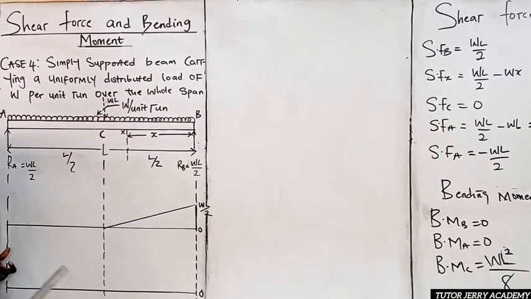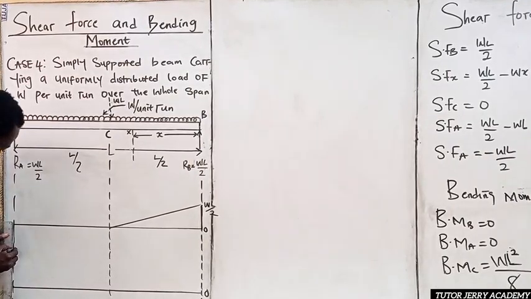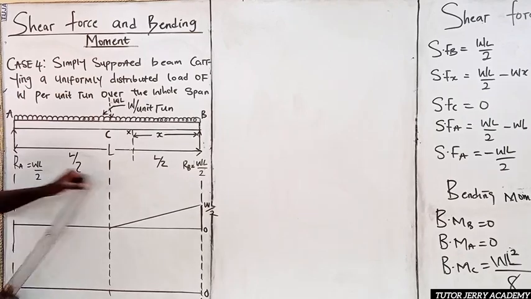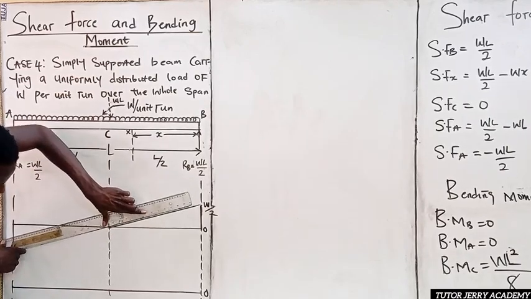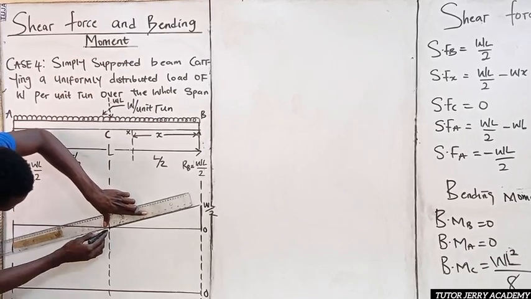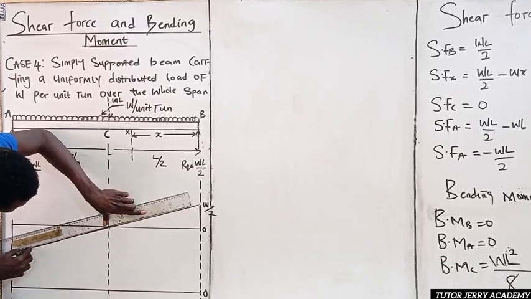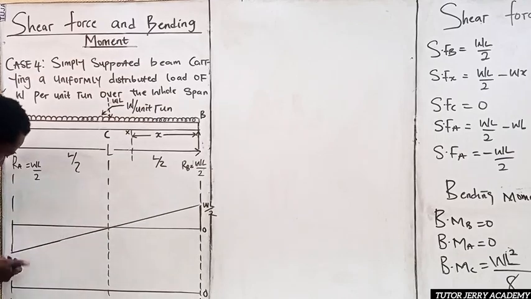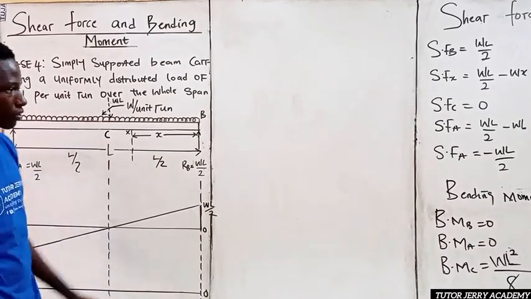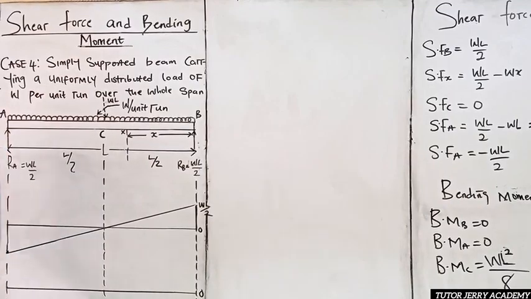So of course you will know that for minus WL over 2, you can just take this point here to be our minus WL over 2. So all we just have to do is to trace it downwards. So this is it. So this point here will be our shear force at A. So I hope you get that.